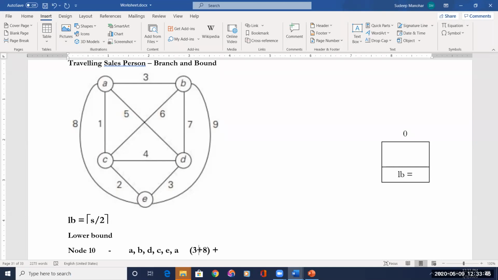Plus next vertex, next city is B. For B, B to A, B to D. B to A is 3, B to D is 7. 3 plus 7.